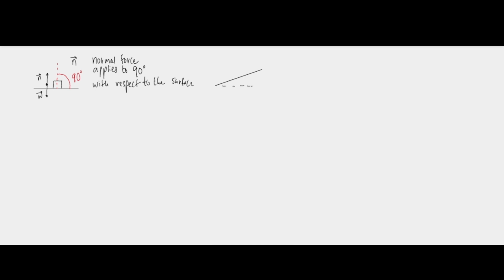So now let's look at this case and see how the normal force applies here. The normal force still needs to be 90 degrees with respect to the surface. If this was on an XY axis, this line would be pointing upwards at some angle, theta, with respect to the y-axis and with respect to the x-axis.